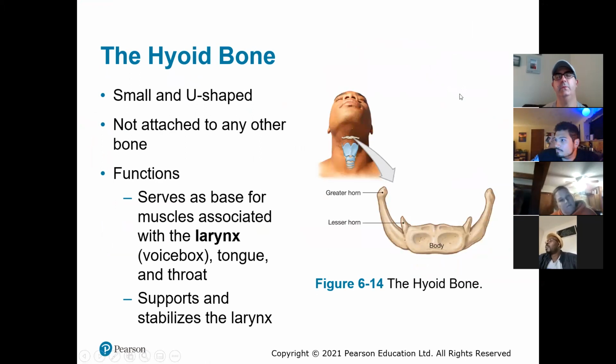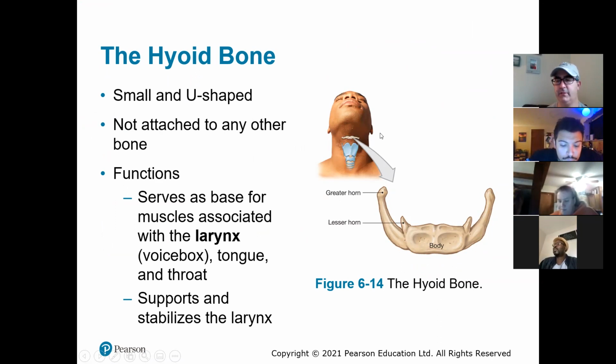So then we get to the hyoid bone, right? The hyoid bone is part of the axial skeleton. It's a small U-shaped bone. You can see where it is here in this guy's neck, right? This cartilage right here is where your voice box is. So your Adam's apple. So just above that, right? It's not attached to any other bones.